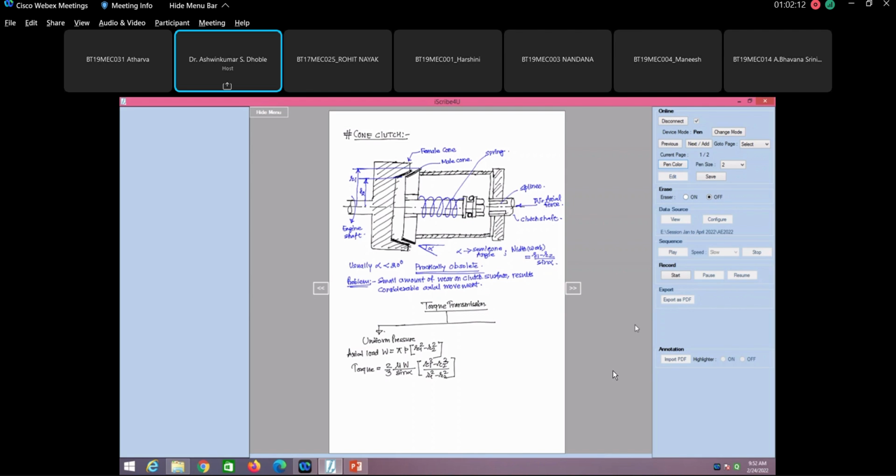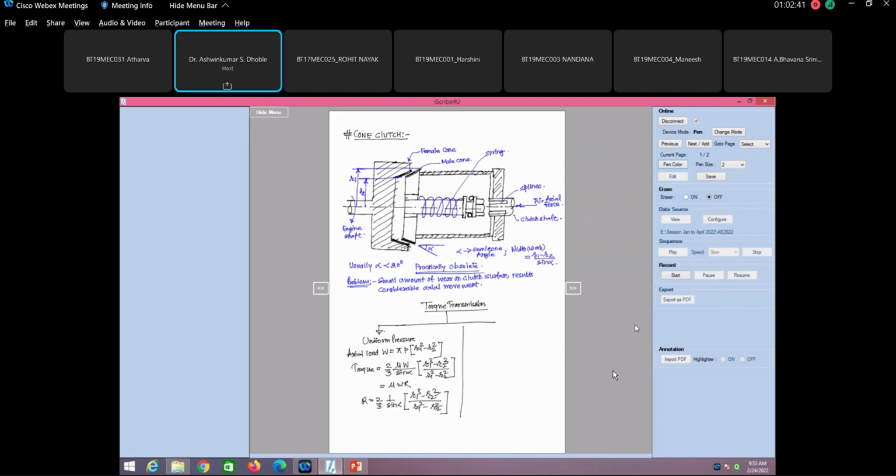This is also written as mu W R, where R is the mean effective radius. So R is equal to 2 by 3, 1 by sine of alpha, in bracket R1 cube minus R2 cube divided by R1 square minus R2 square.